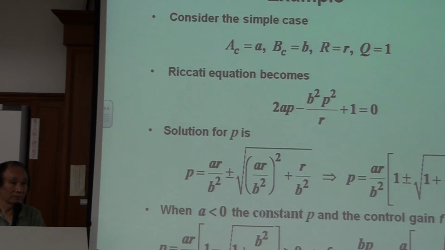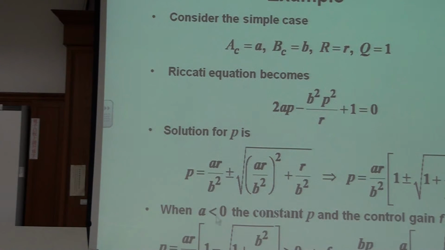Yes. So you don't have to use the way I proved it. P has to be unique because P has to be positive, and the only way P is positive is if the sign has to be negative. So that's the solution, under the condition A is negative.